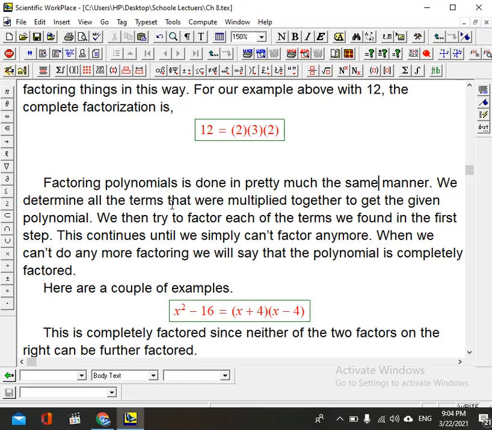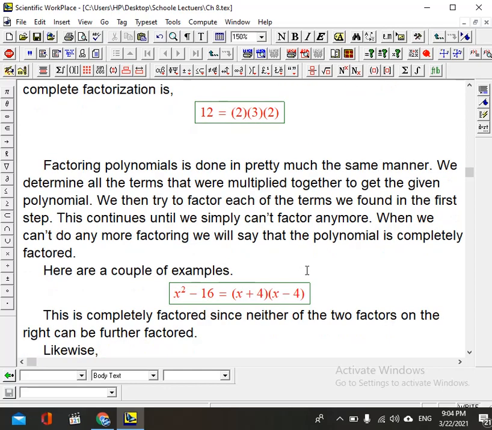The procedure is that we determine all the terms that we multiplied together to get the given or original polynomial. We then try to factor each of these terms until finally we simply cannot find any factors anymore.